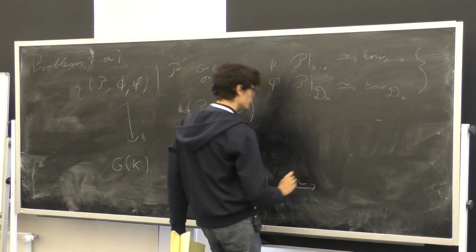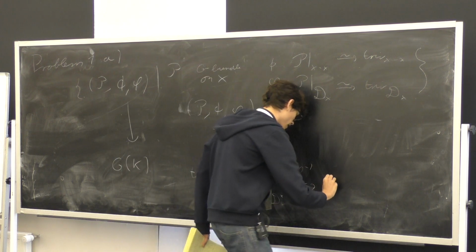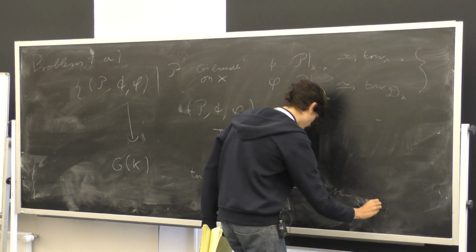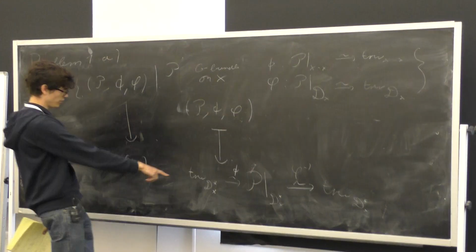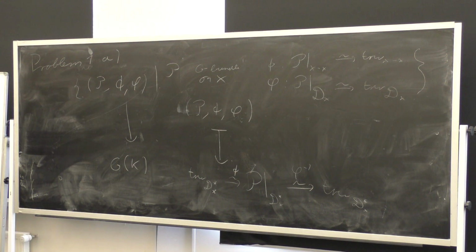And using the inverse of this map, I get a map to the other trivialization. So this gives us an endomorphism of the trivial bundle, an element of GK, because K is the algebra of functions of the punctured open disk.